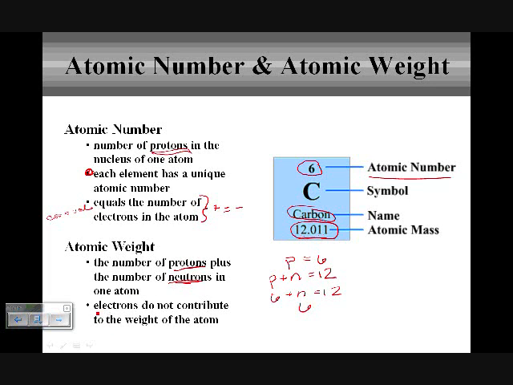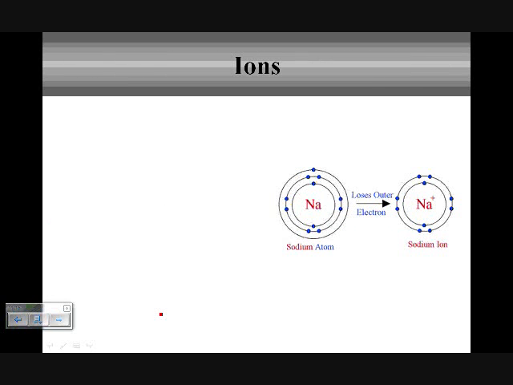And it's also important to recognize that the reason that we don't really include electrons in this weight is because the electron's weight is so small, so minute, that it really doesn't contribute any significant weight to the atom itself.